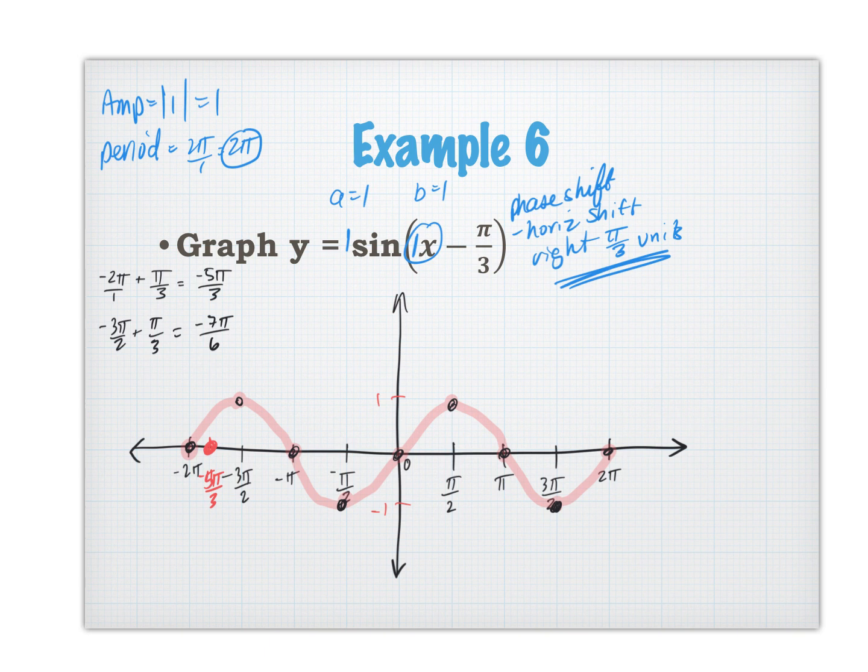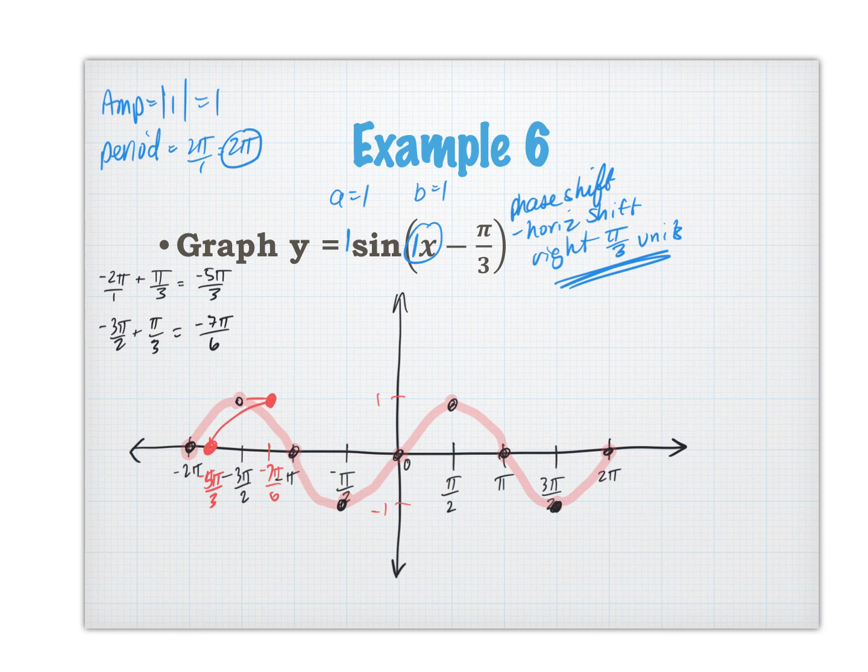And so again, I come over to here, and I've got negative 7 pi over 6. Whoops, that's not where the circle goes, though. Sorry. So at negative 7 pi over 6, that's where this dot is going to be, right? Because my graph is going to go like that.